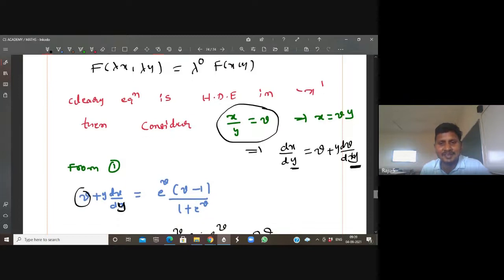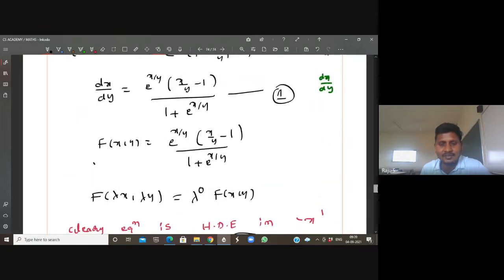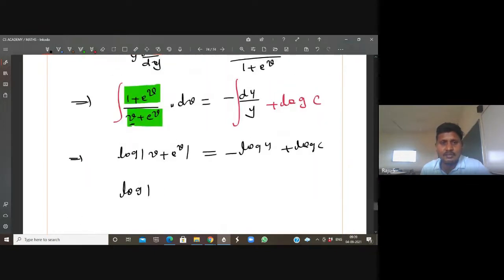Then v value is directly x by y. So the v value is x by y, e to the power of x by y.